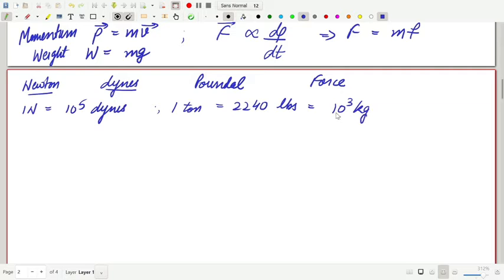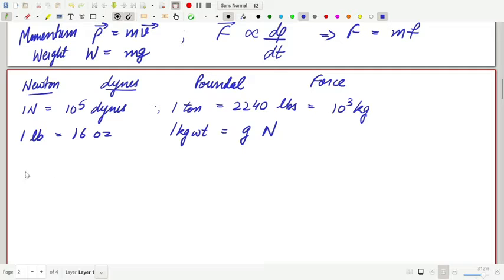Sometimes for 1000 kg we also write metric ton, and 1 pound is equal to 16 oz. 1 kilogram weight is equal to g newtons.